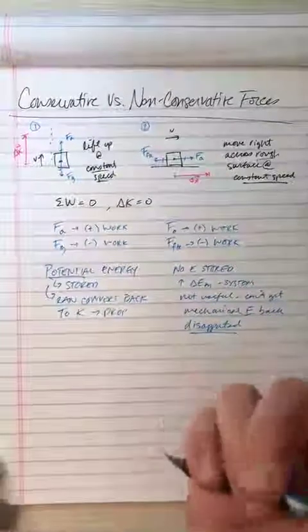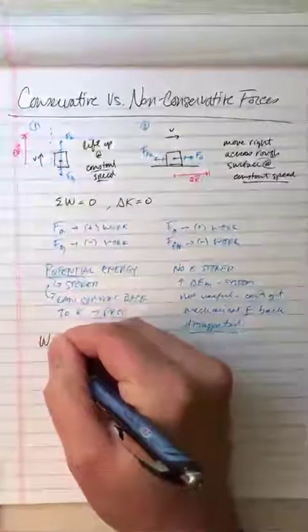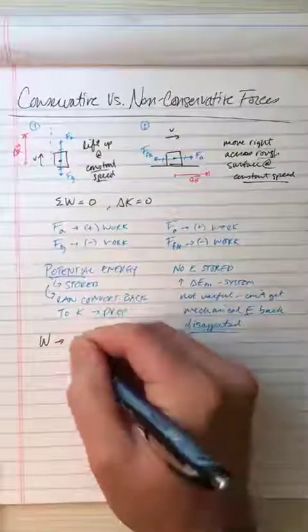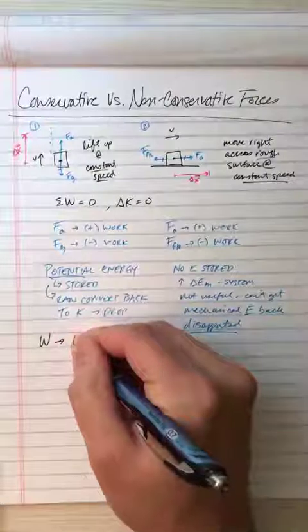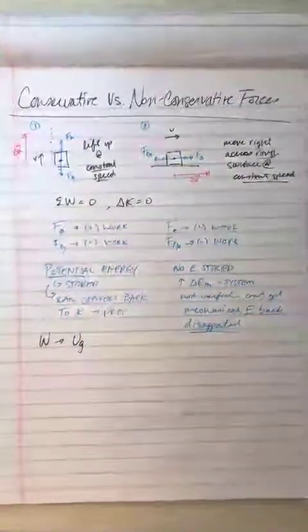So let me go back to the black. I know the blue's running out of ink a little bit. The amount of work done that goes into the stored energy, which we call UG, has to be related to how much work was done to lift that box at a minimum in a gravitational field.